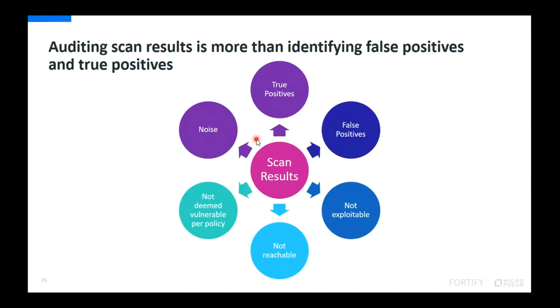As we discussed on false positives as well, based on the application logic and application framework, there might be some false positives. Majorly there will be true positives, but there can be false positives as well, and there can be findings highlighted as vulnerable that are not exploitable.